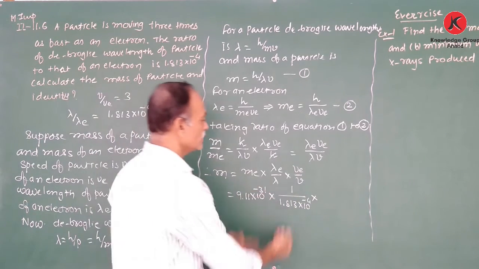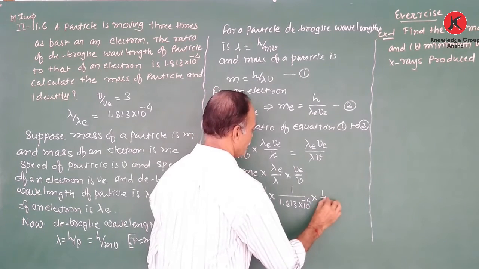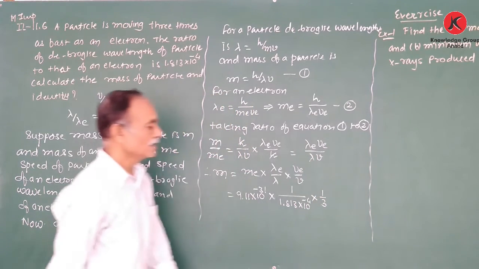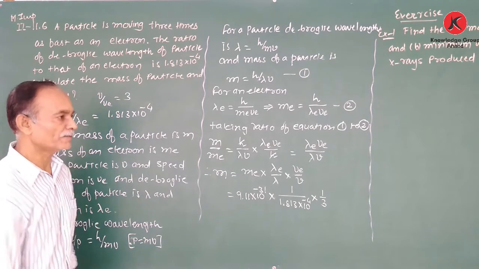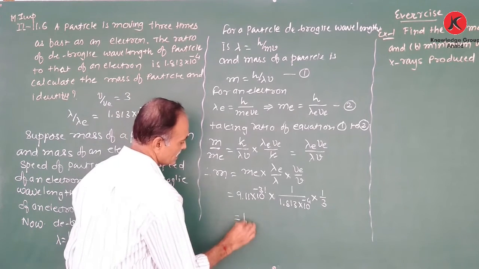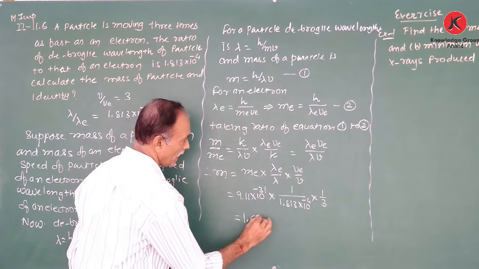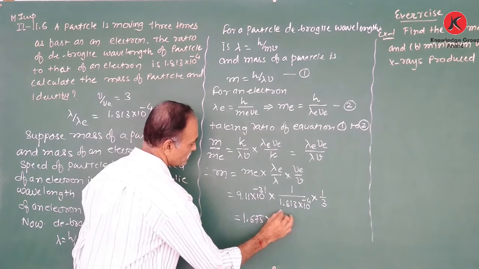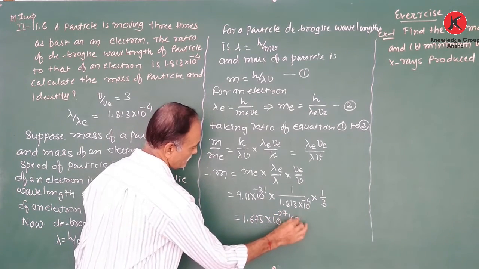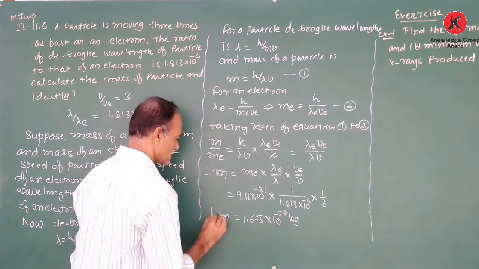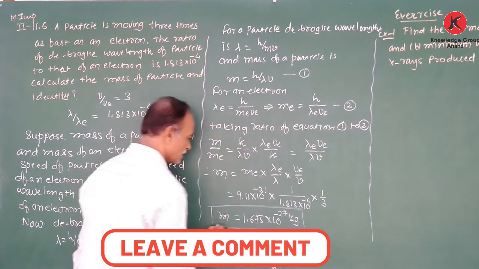So here also it is inverse, therefore 1 by 3. As we simplify, we obtain the mass of the particle as 1.675 into 10 raised to minus 27 kg. This is the mass of the given particle.